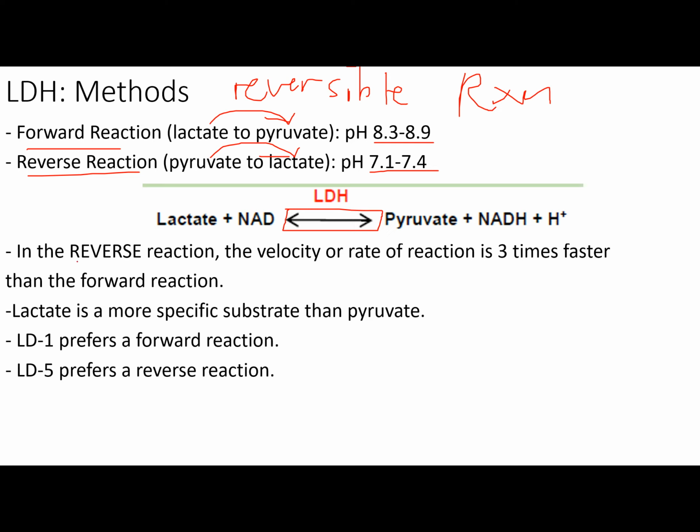Now take note that in the reverse reaction, the velocity or rate of reaction is 3 times faster than the forward reaction. So mas mabilis si reverse reaction, class, kaysa sa forward reaction. Lactate is a more specific substrate than pyruvate. Now, LD1 prefers a forward reaction, while LD5 prefers a reverse reaction.